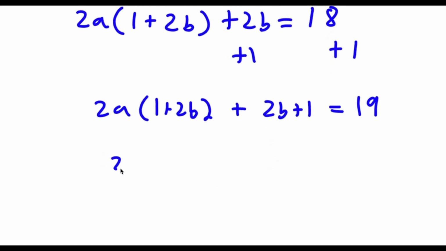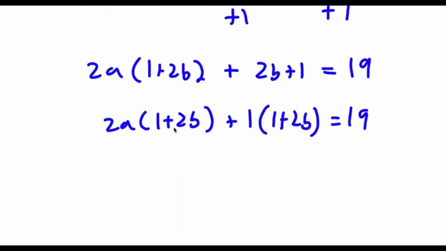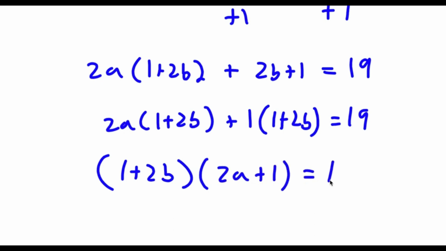Now 2b plus 1 we can rewrite as 1 times 1 plus 2b. So now if I factor out 1 plus 2b from here, I get 1 plus 2b times, all that's left is 2a plus 1. And this is equal to 19.